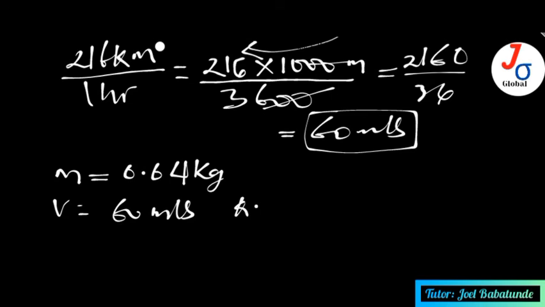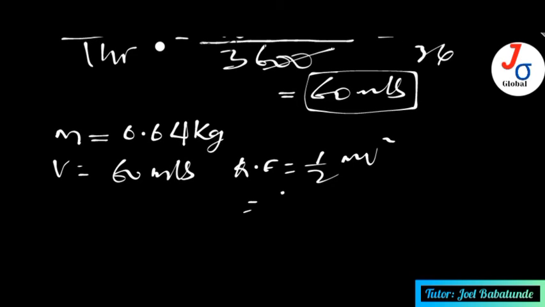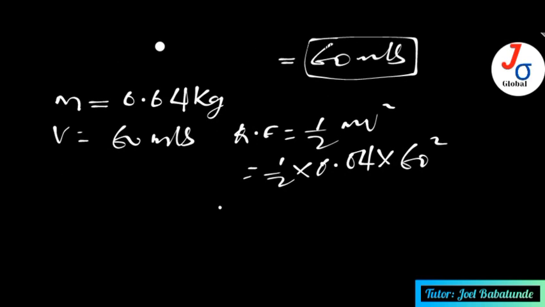Then kinetic energy, as we are asked to do in the question, becomes half mv squared. And that's half multiplied by our mass, 0.04, multiplied by 60 squared. Okay, so I can write this as half multiplied by 4 divided by 100, multiplied by 60 squared.